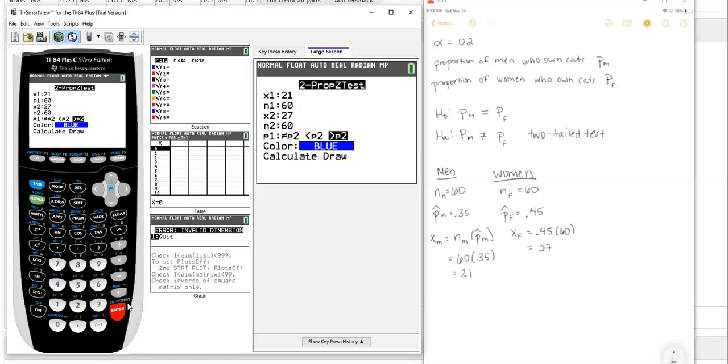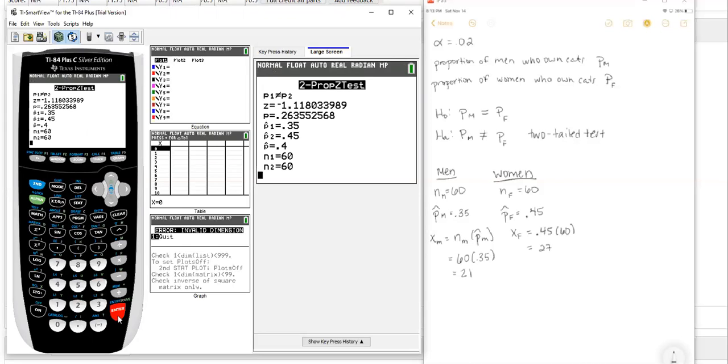Then we're looking at a two-tailed test, and we want to calculate this. From our calculator, we find my test statistic is negative 1.118, and my p-value is 0.2636.